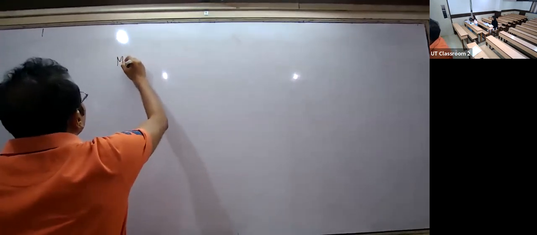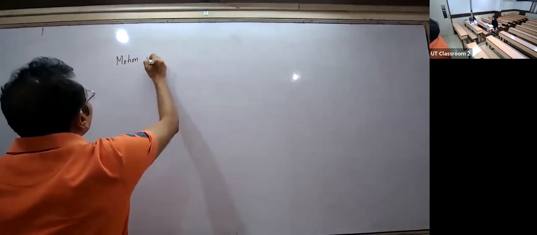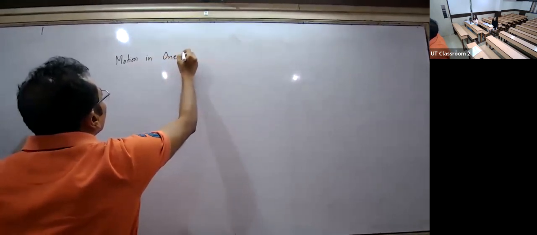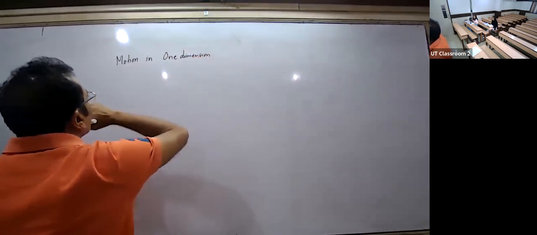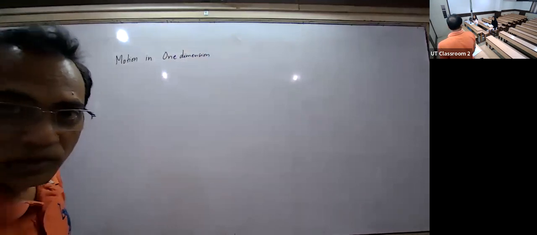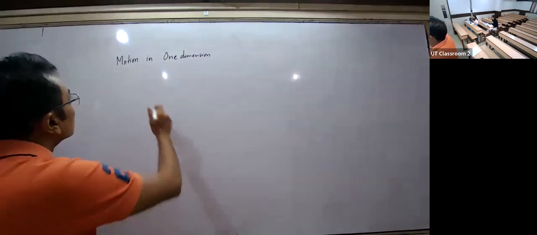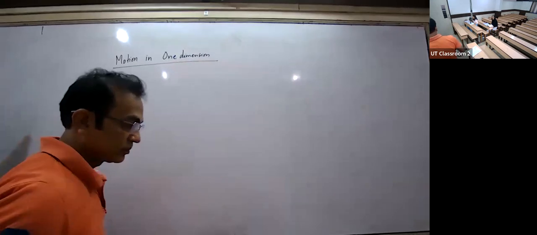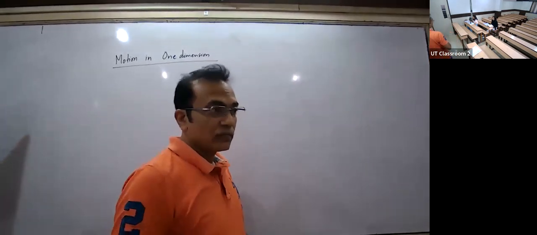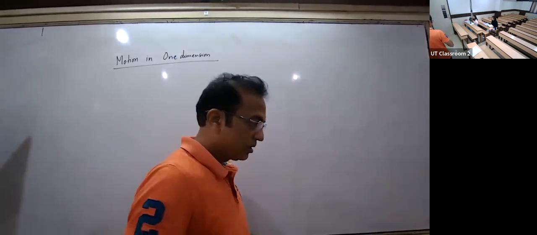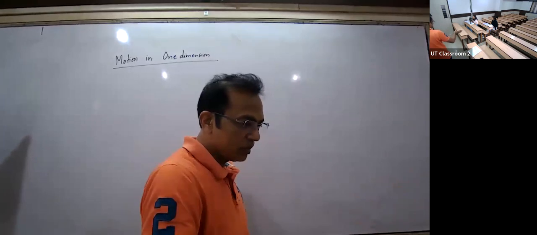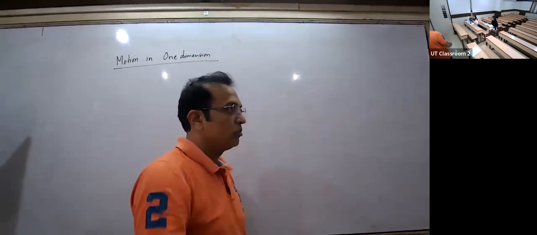Now next is motion in one dimension. So what is motion in one dimension? Any idea what is one dimension? One dimension is along a straight line. Any straight line, either this way, this way, or top to bottom, bottom to up.